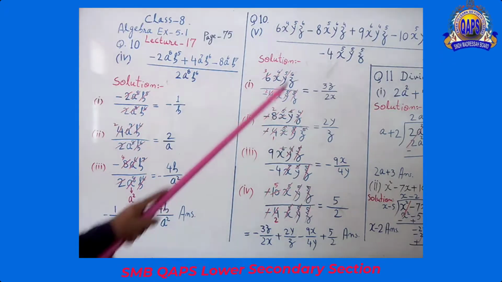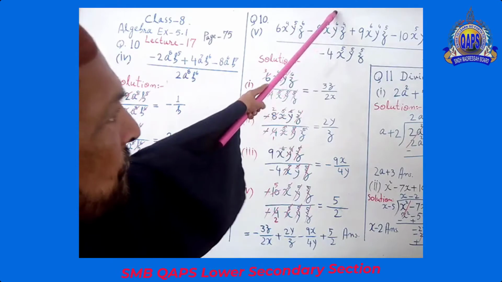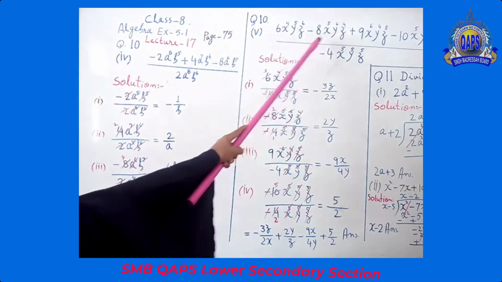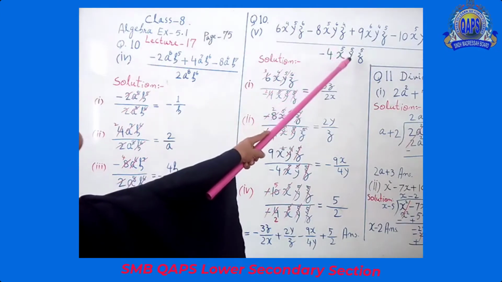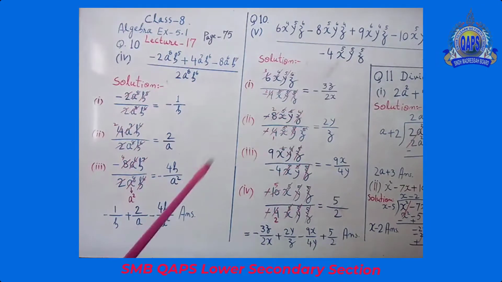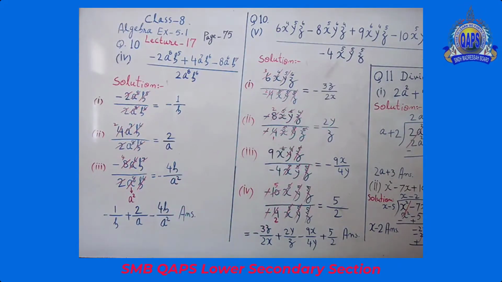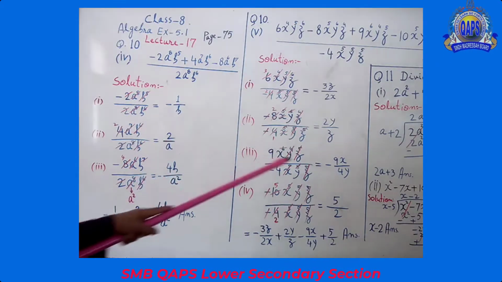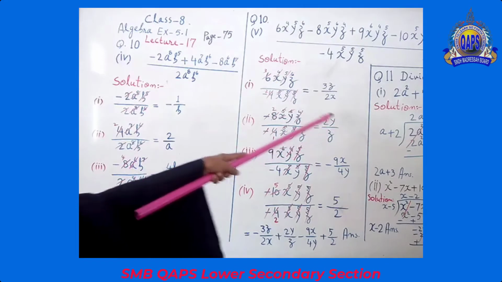Step 2, minus 8x^5y^6z^4 upon minus 4x^5y^5z^5. I wrote this over here and you try to understand. Have a look. How did I do it?